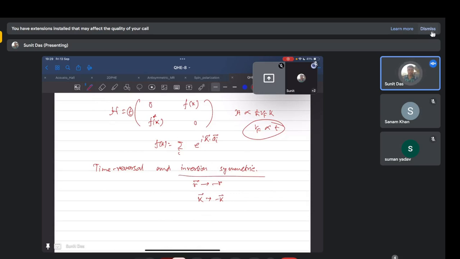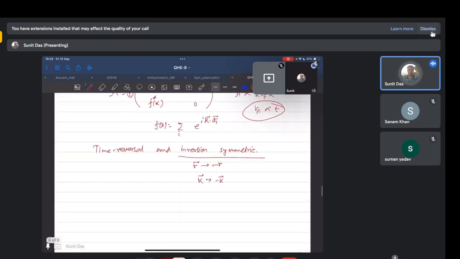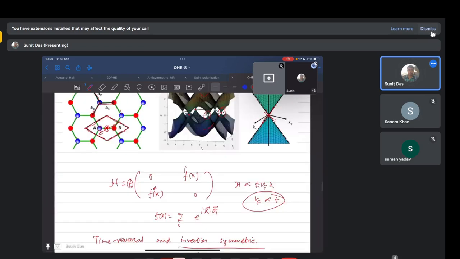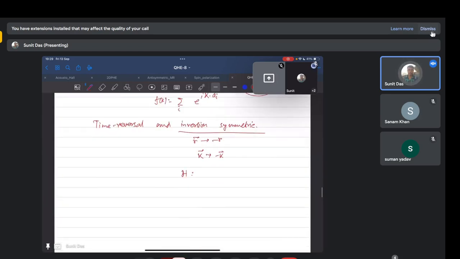So these are inversion symmetric, and it can also be shown that they are time reversal symmetric. And how can I show that? You have a Hamiltonian like h bar vF k dot sigma, and you operate with T H T inverse, and if you get H of minus k, and this was H of k, then it will be time reversal symmetric, because under time reversal k goes to minus k.